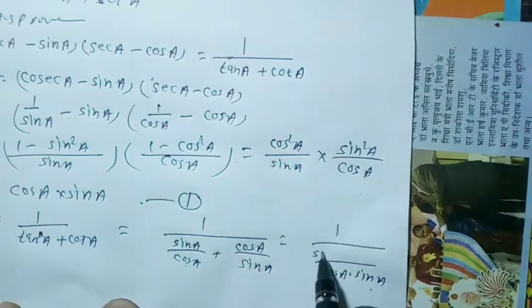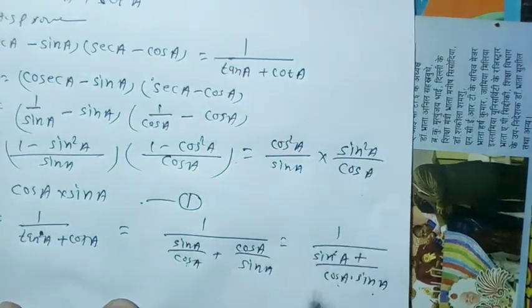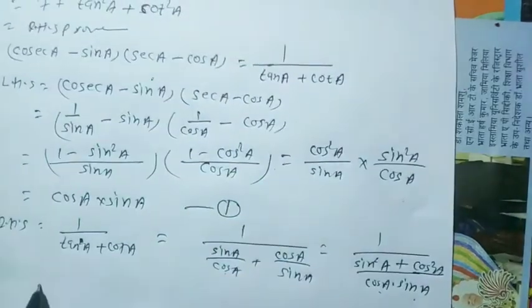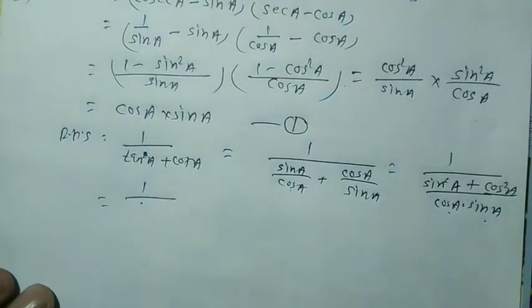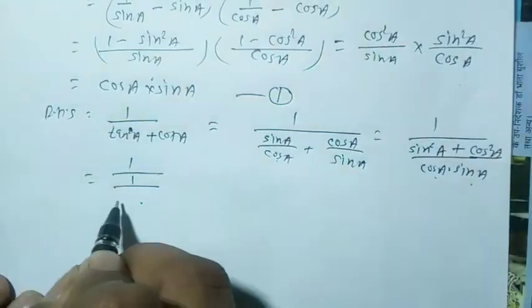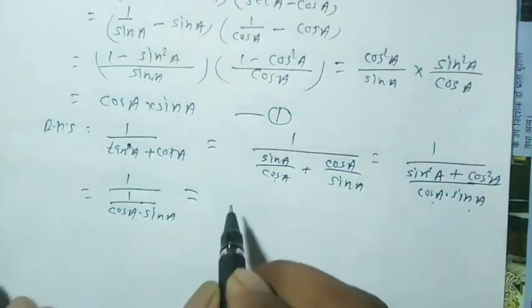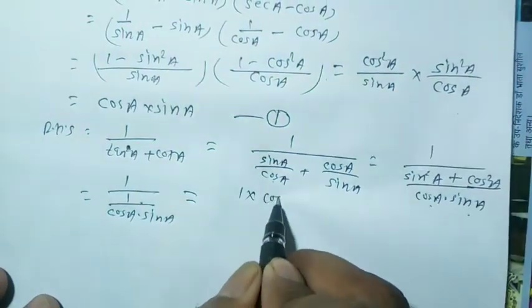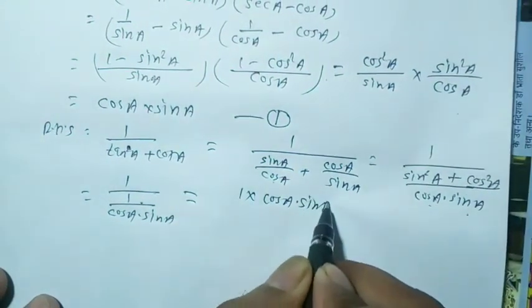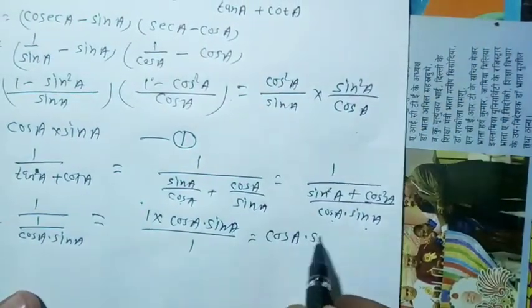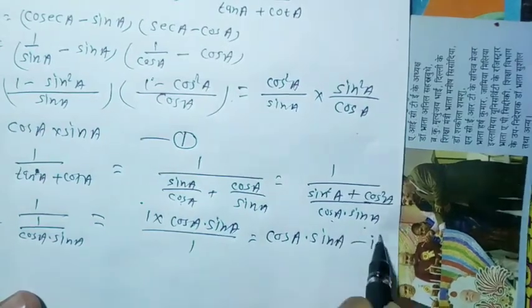Since sin² A + cos² A = 1, this is 1/(cos A sin A)... so 1 into cos A into sin A by 1 is cos A into sin A. Equation number 2.